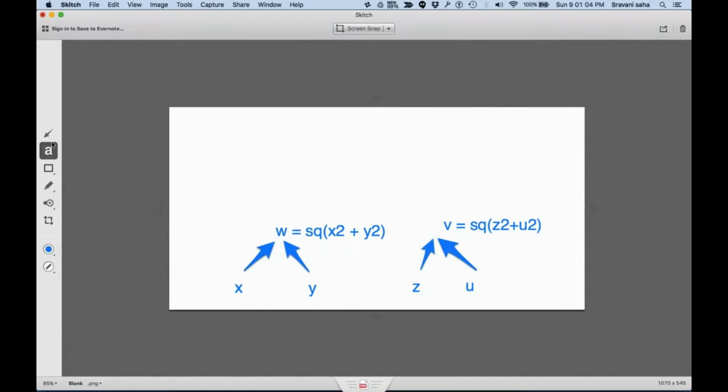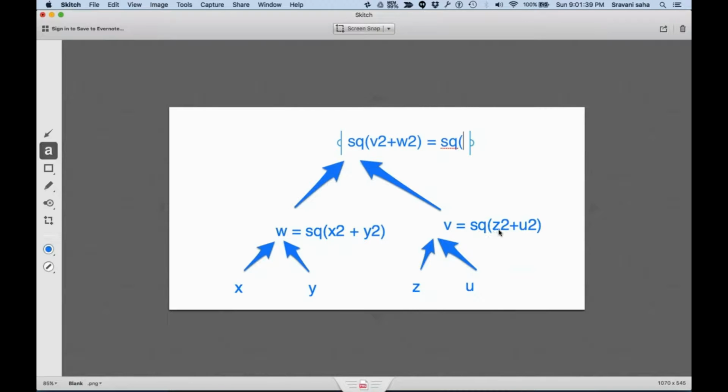Now when these two values get combined, the answer would be the square root of v square plus w square. This is a square root, don't confuse it with the square; similarly everywhere it's a square root.